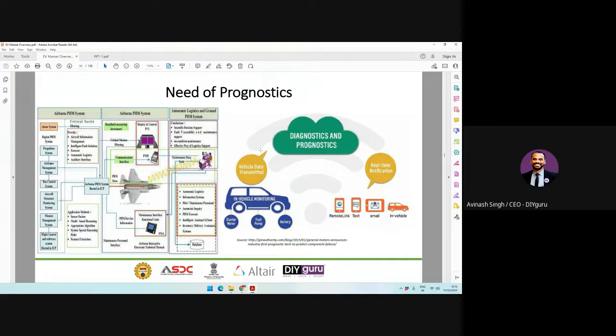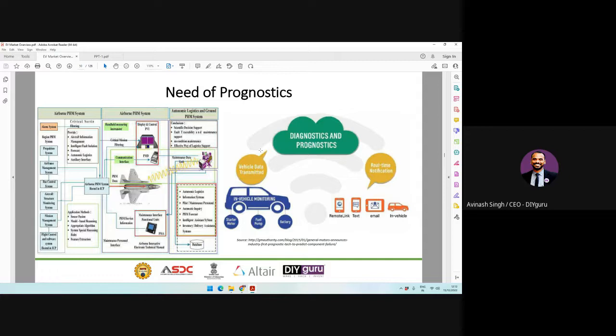Once you do the diagnosis, you find out the reason, what has caused the problem, or what is the cause of failure of a component. That is more on the diagnostic side. If you're doing prognostics, that means you have identified the cause. Now you will give the solution to this particular cause, right?